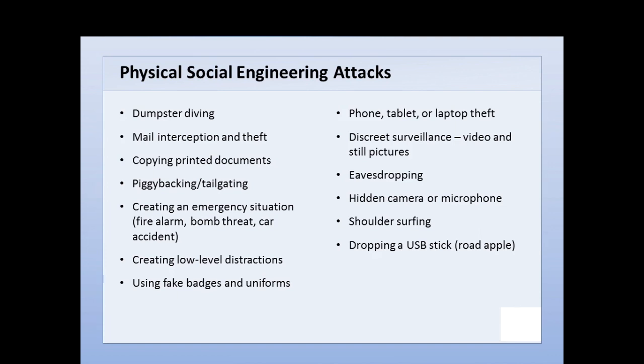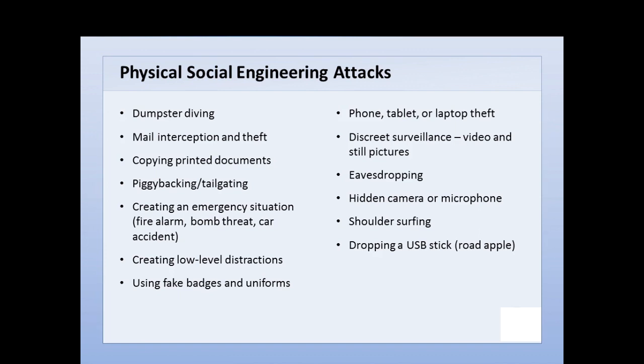Eavesdropping. This could be as simple as listening in on a conversation at a restaurant, or it could even mean using these little hidden cameras or microphones that we see these days in ink pens and eyeglasses. Also could mean shoulder surfing, walking behind someone in an internet cafe or as they're using their laptop in a coffee shop, for example. A lot of attackers will also pull the old trick of dropping a USB stick or a disk in a company's parking lot.